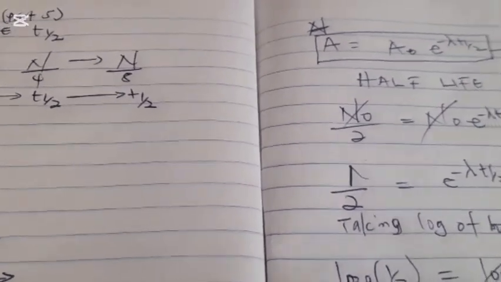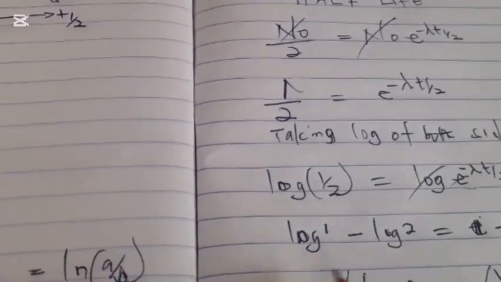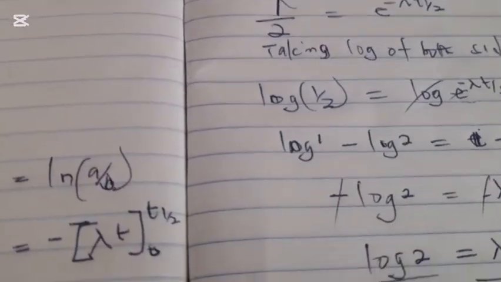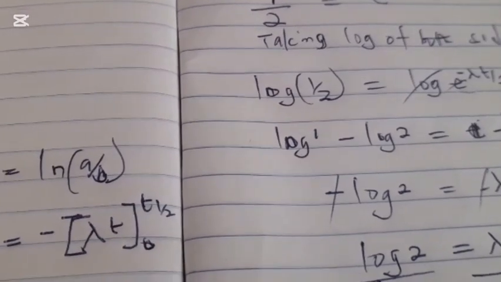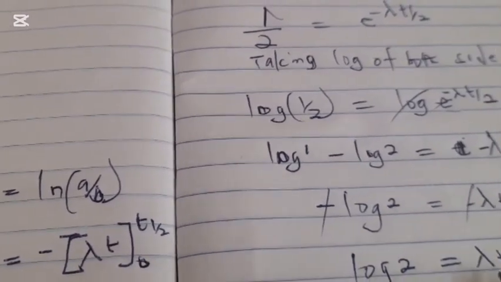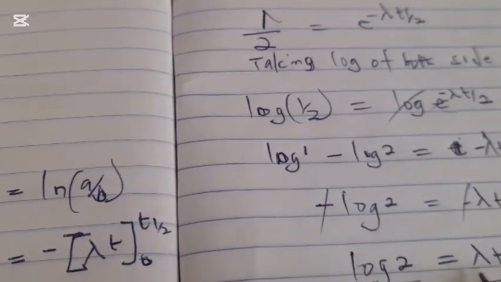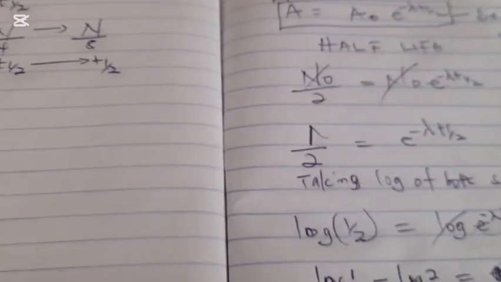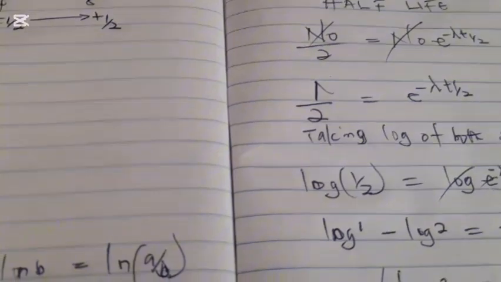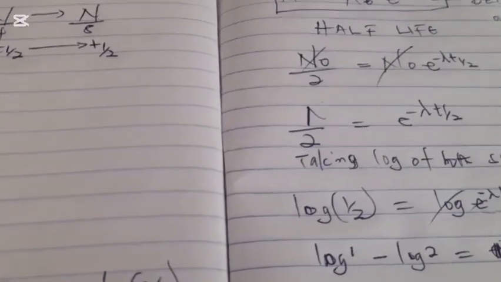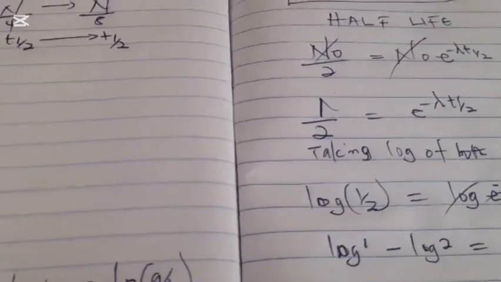Then the minus here will cancel the minus here. We have log 2 over lambda is equal to lambda t half over lambda. Cancelling this gives us t half is equal to log 2 over lambda.